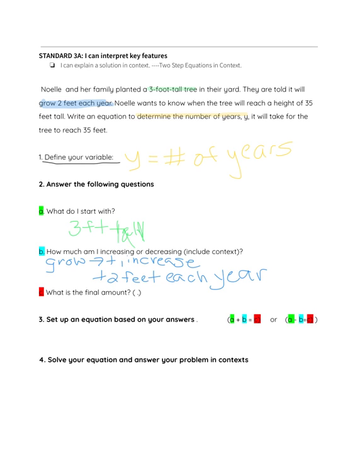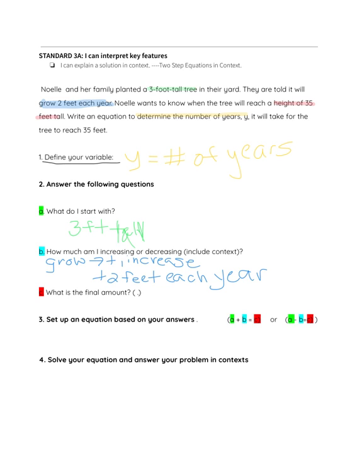Okay? Now next, let's look at C. What is the final amount? Noelle wants to know when the tree will reach a height of 35 feet tall. And so we know that the end game is this 35 feet tall. So that is our final amount, the total amount. What do we want in the end? We want this 35-foot tall tree.